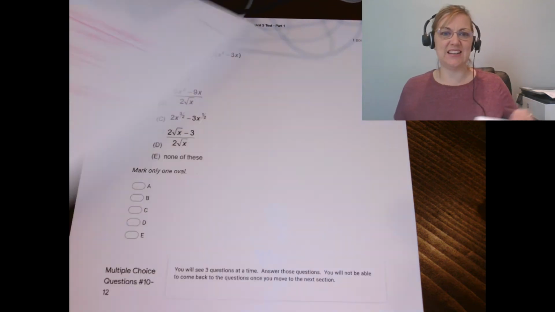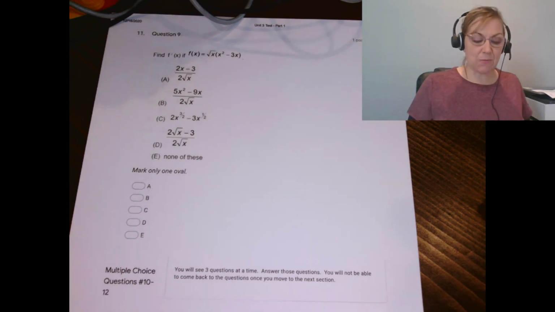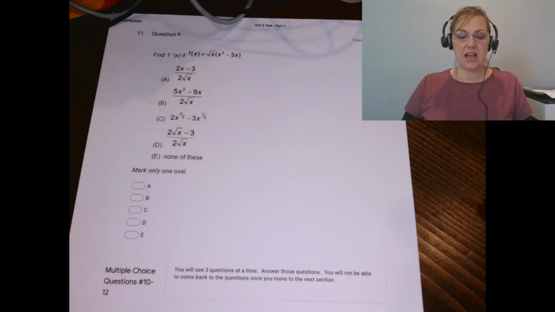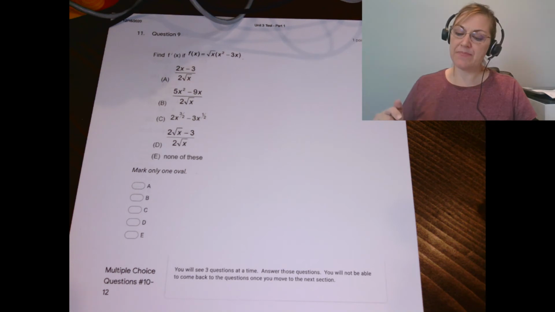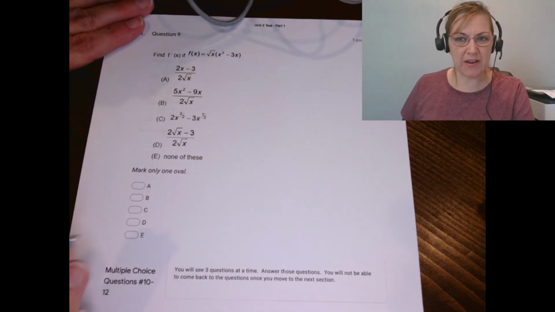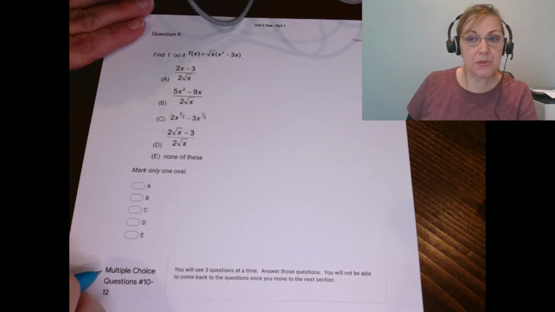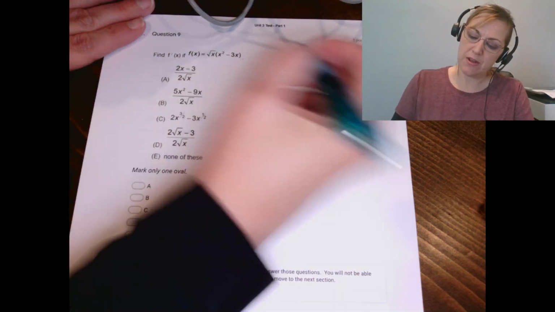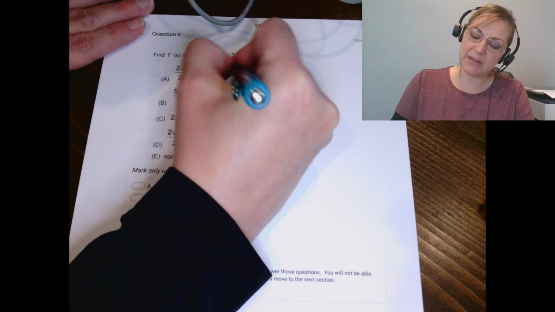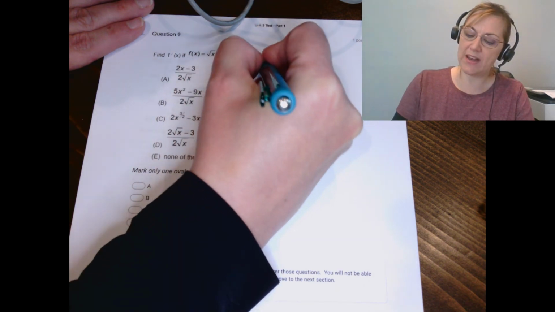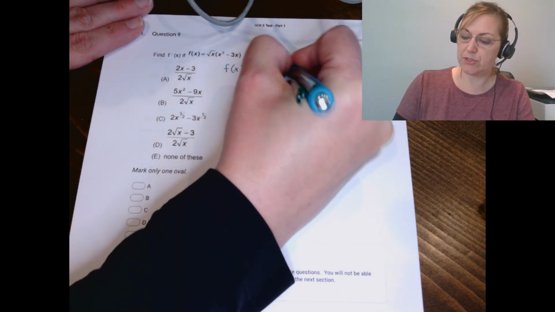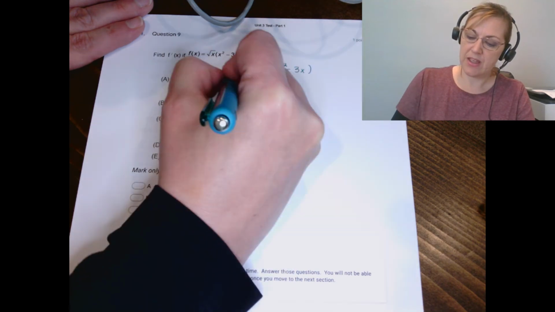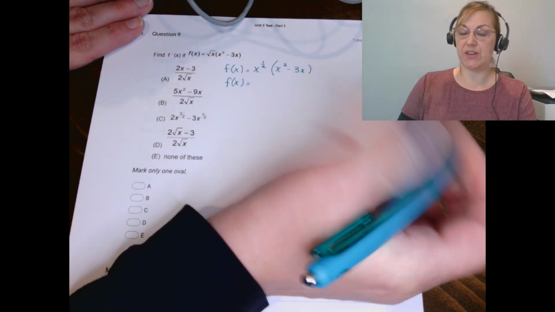All right. Now, number 9. I see product rule going on. I don't really want to do product rule, so I'm going to simplify before I do the product rule. That just means I'm going to be distributing this x to the 1/2 to both of those terms before I take the derivative.